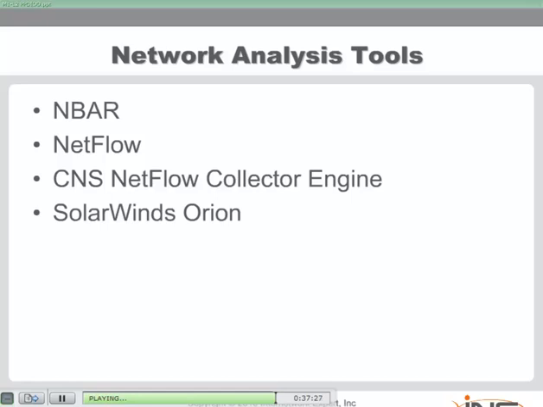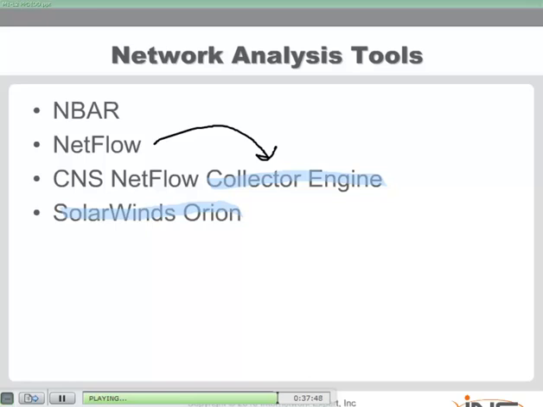The CNS NetFlow Collection Engine is a nice utility that will take NetFlow data and store it and give you nice pretty graphs about the NetFlow information. And SolarWinds Orion is an external product that does very sophisticated network analysis for you.